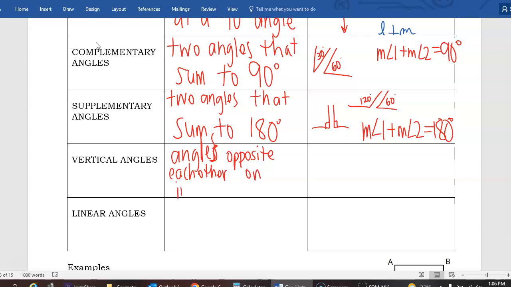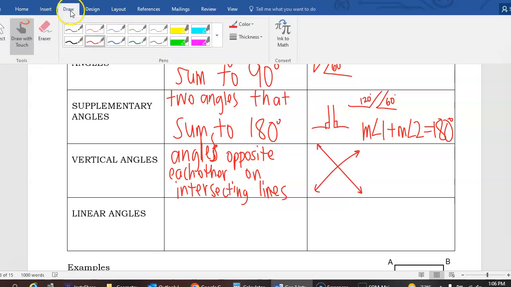So vertical angles always share a vertex. Here's one line. Here's an intersecting line.